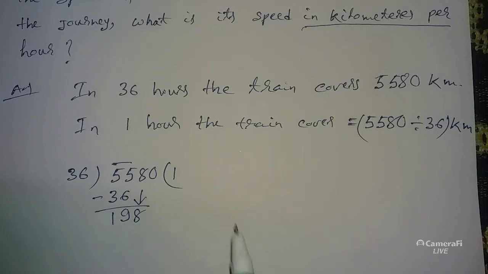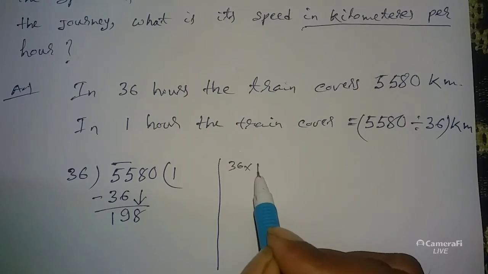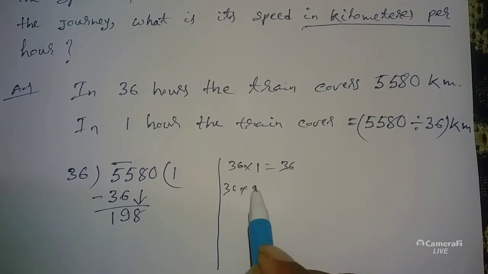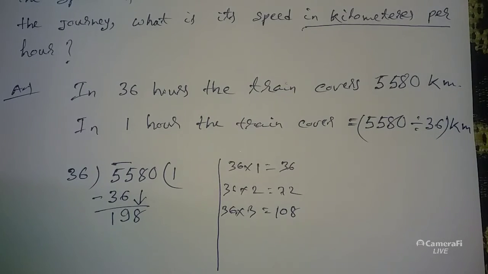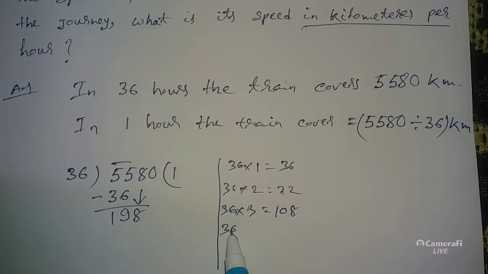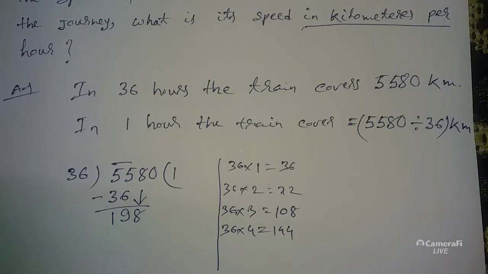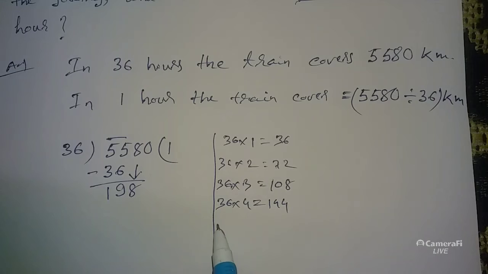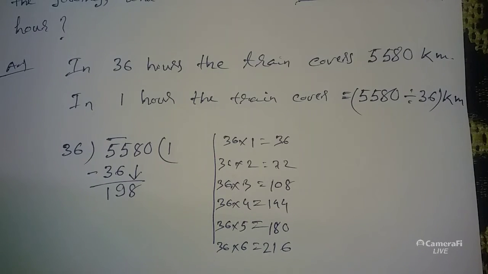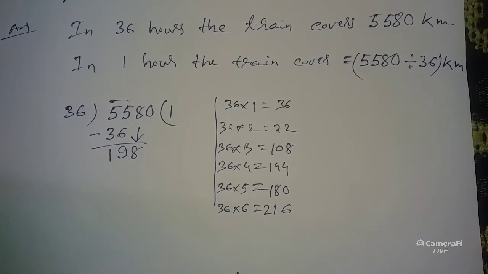36 1s are 36, you can make the table here. 36 1 is 36, 36 2s are 72, 36 3s, 3 6s are 18, 10, 108, 36 4s are 144, 36 5s, 5 6s are 30, 5 3s are 15 plus 3, 18, 180, and 36 6s, 6 6s are 36, 216, which is greater than 198.